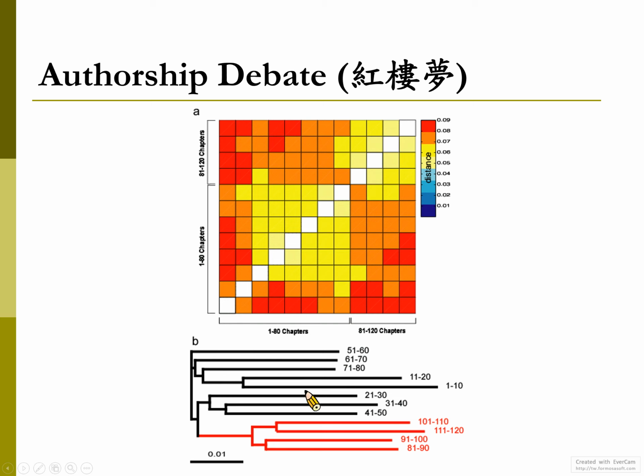Then you can find out that the later 40 chapters have a very large distance compared to the first 80 chapters. So that is compelling evidence that the first 80 are different from the later 40.